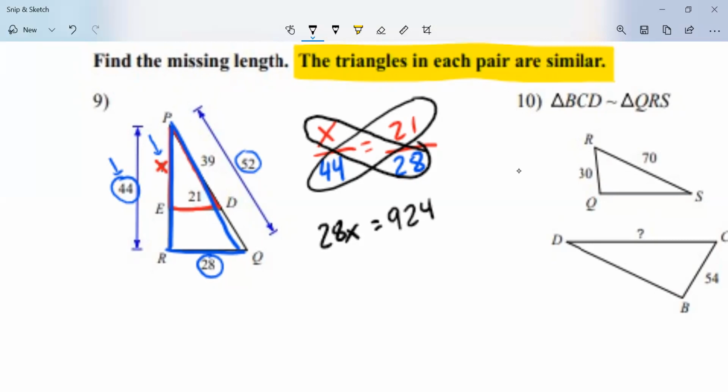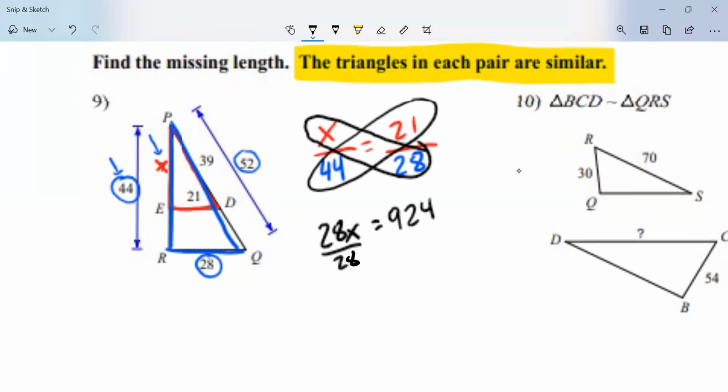So I know that 28 times x is equal to 924. Now to get x by itself, let me divide both sides by 28. I divide by the number in front of x, because that way 28 divided by 28 is 1x. So just write x equals. On the other side, 924 divided by 28 is equal to 33.